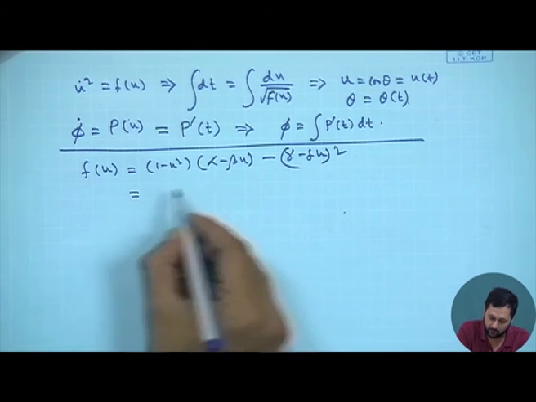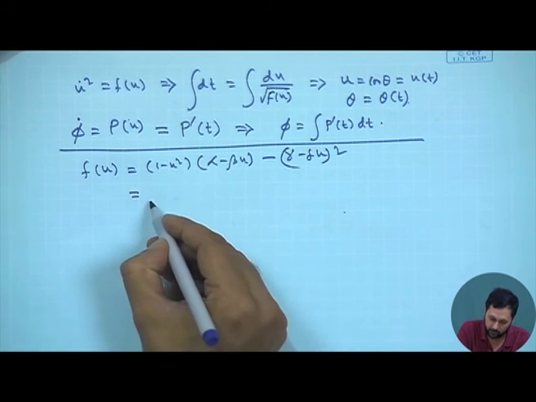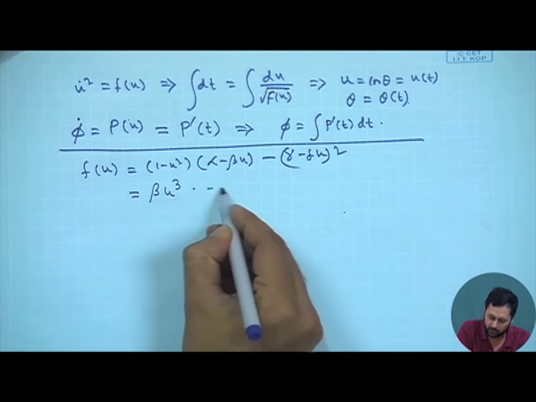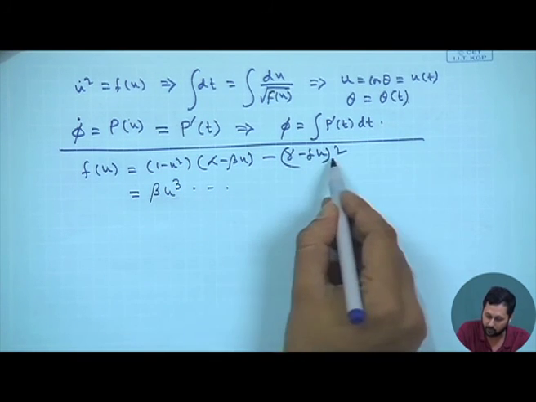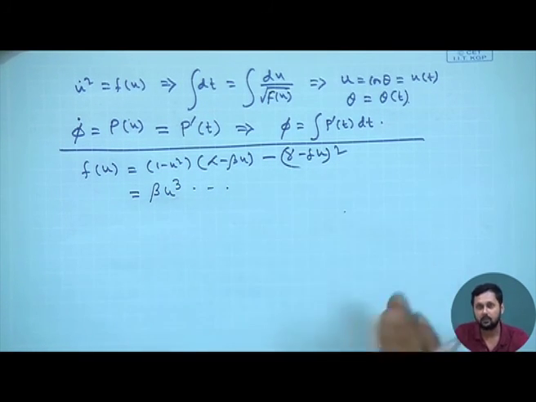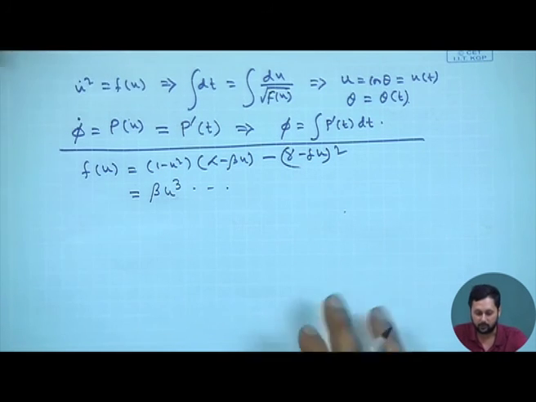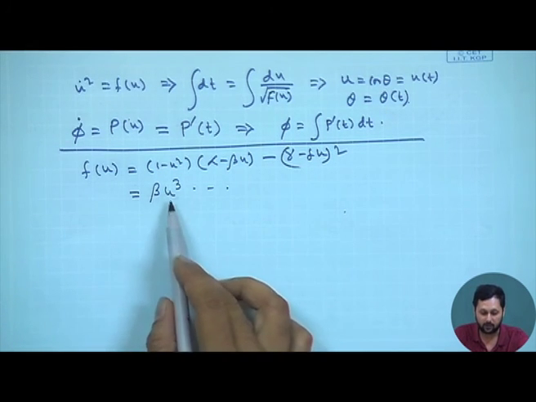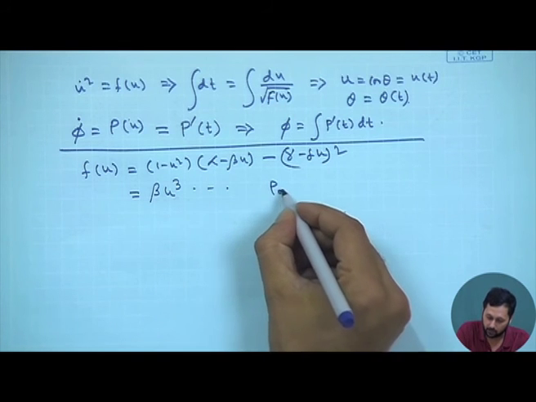The leading term is beta u cubed, and then of course there will be a gamma u squared term and all. So the leading term is alpha u cubed and it is a polynomial.